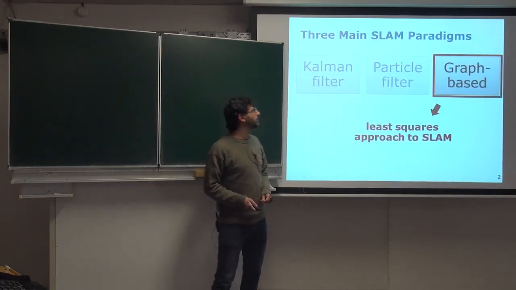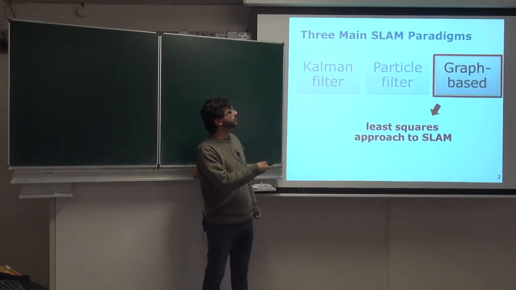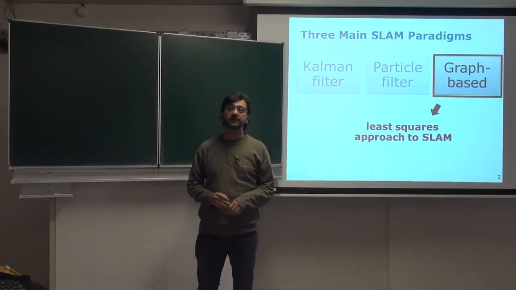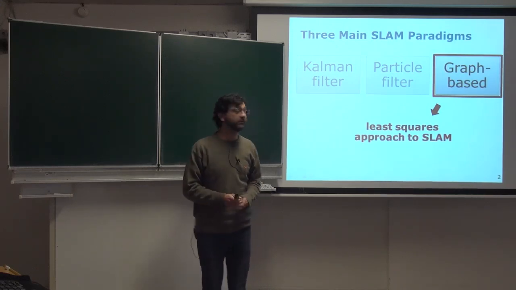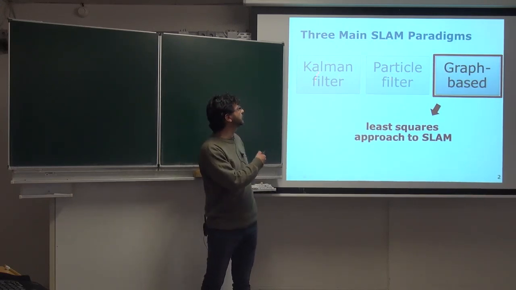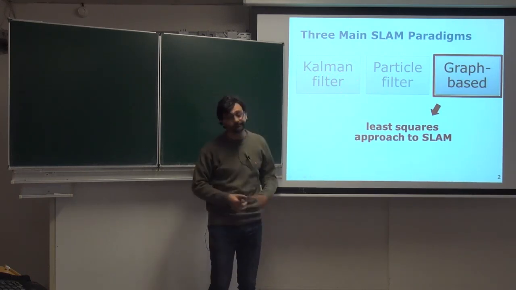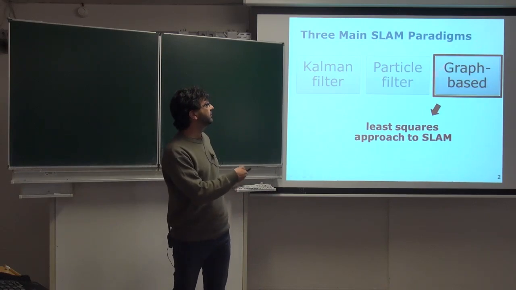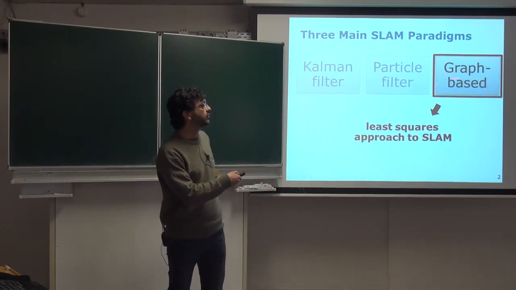At the beginning, if you remember, we had this distinction of three different approaches for solving the mapping problem. We have seen at the beginning of the lecture the filtering approach, so the Kalman filter and the particle filter. And from now on, we're going to see what's inside this box, these graph-based approaches.